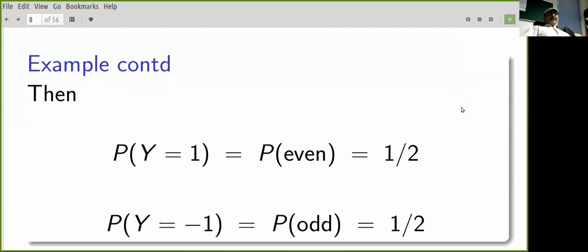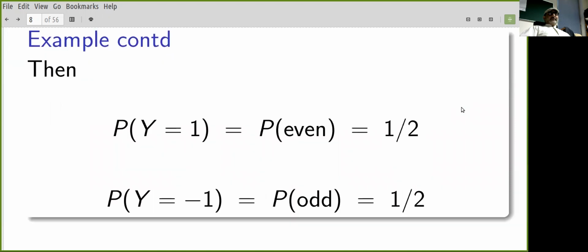Now the value of Y depends upon a random experiment, so Y itself is random, and we can assign probabilities to Y. So the probability that Y is equal to 1: how did Y take the value 1? The roll of the die was even.